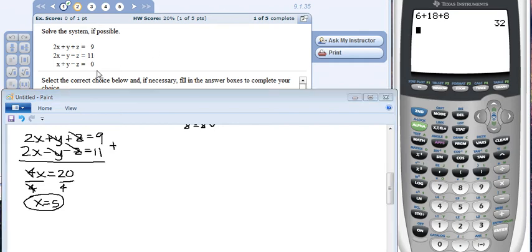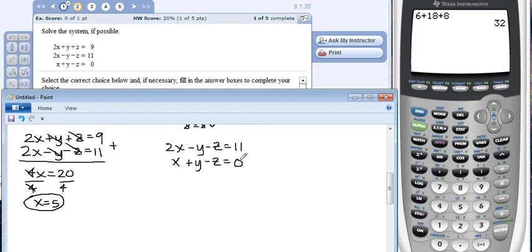Okay, so if I take my second and my third and I write them over here, I add these. See how my y terms are going to drop? Right here. So 2x and x are 3x. These are gone. Minus z and a minus z is minus 2z.